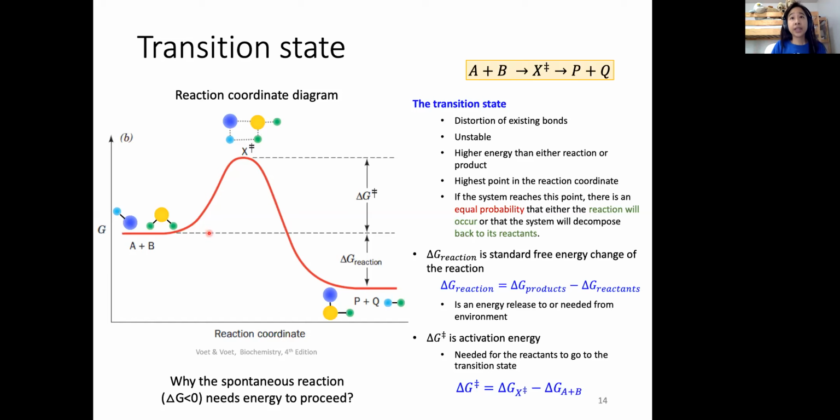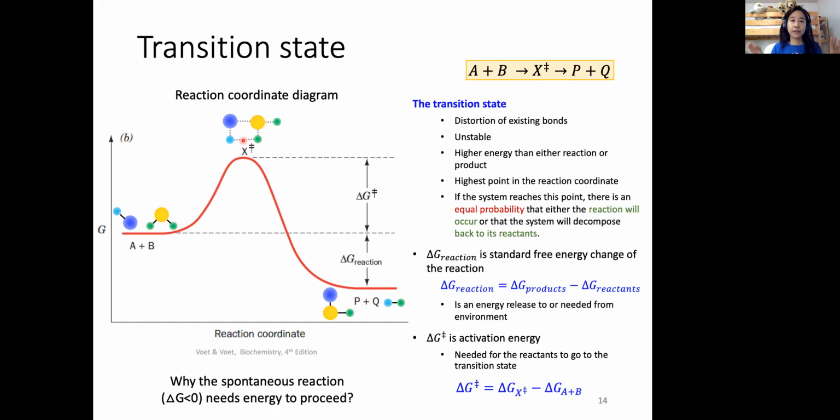This is the reason why, even for a spontaneous reaction like in this graph, where the reactant has a higher energy compared to the lower energy of the product, it just cannot take place spontaneously. It also needs energy to proceed because you need to consider the transition state, which requires a lot more energy.